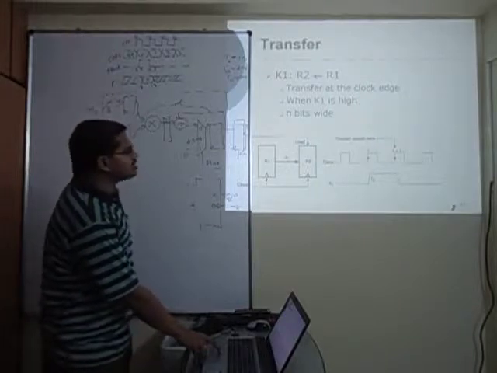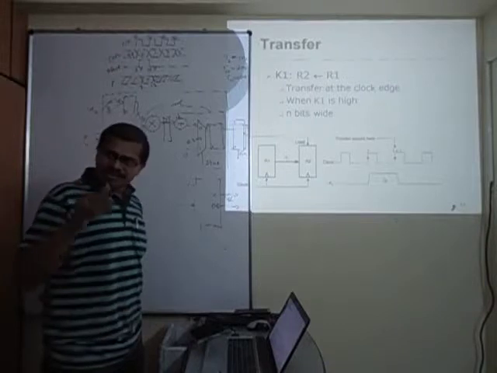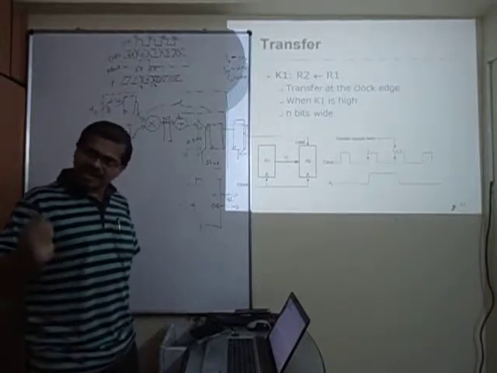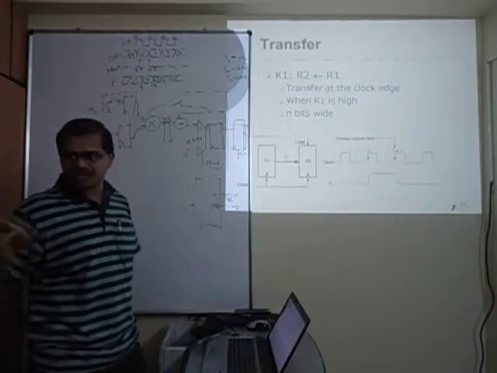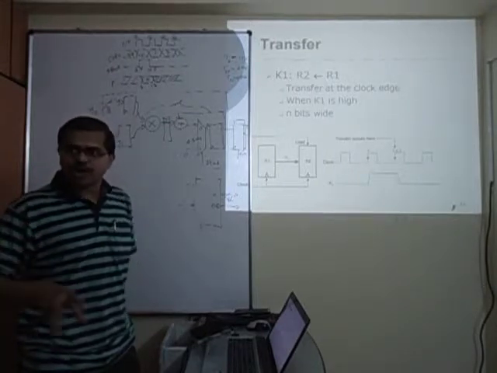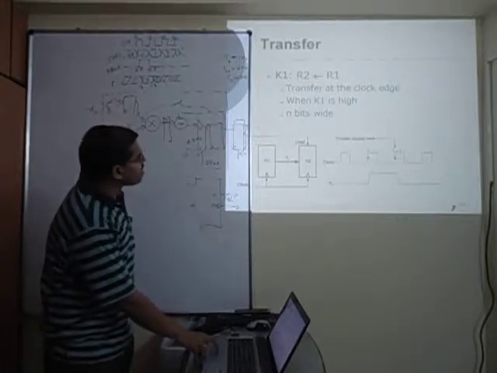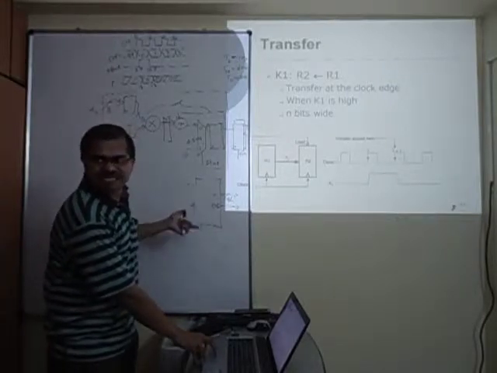Now since this enable or load is also generated in the same clock domain, running a state machine or a counter followed by a comparator, whatever the clock domain is, whatever these clocks you are seeing here, the state machine which is generating the load is also running on the same clock.